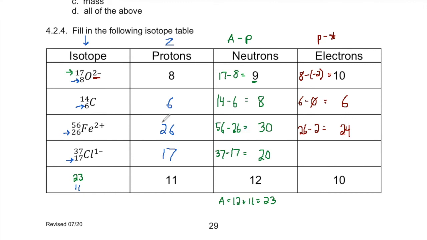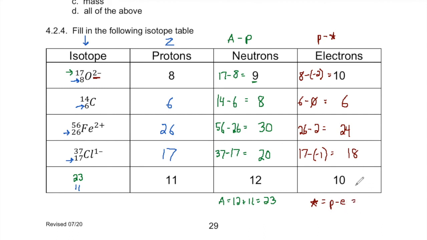We have fewer electrons than we do protons. That's why the charge is positive. Here we have 17 protons and we are subtracting a -1 charge. So we have 18 electrons. So more electrons than protons will give us a negative charge. Fewer electrons than protons will give us a positive charge. So to figure out the charge, it's the number of protons minus electrons.